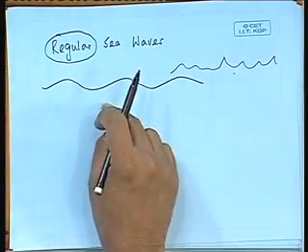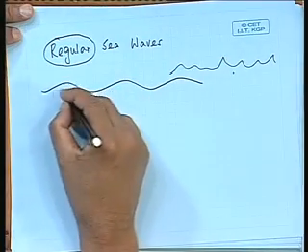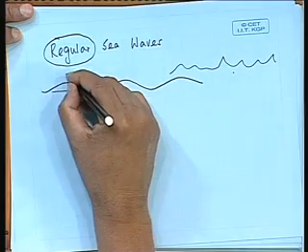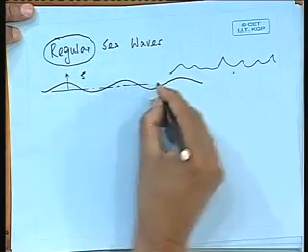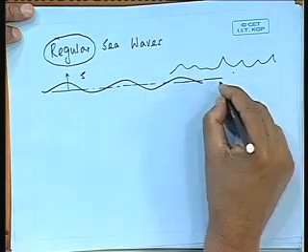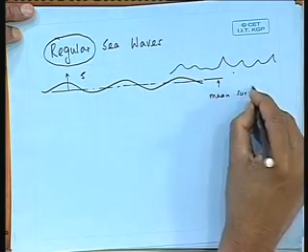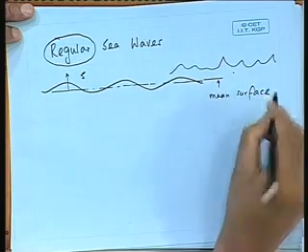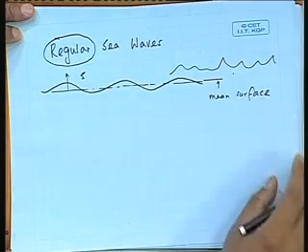Now if you look at this diagram, we have to keep on introducing some mathematical terms now, and if I call this the mean surface, this is my mean surface. This writing is too small, is it? Okay.